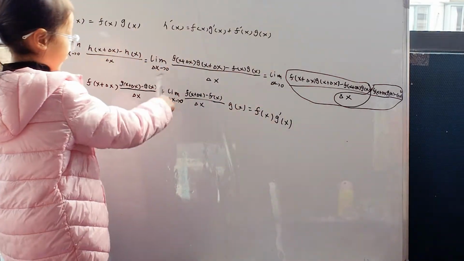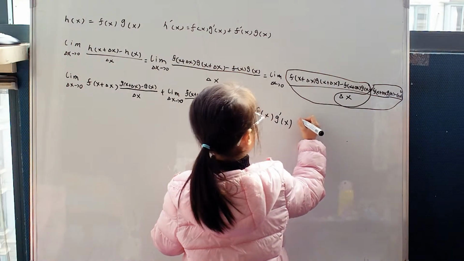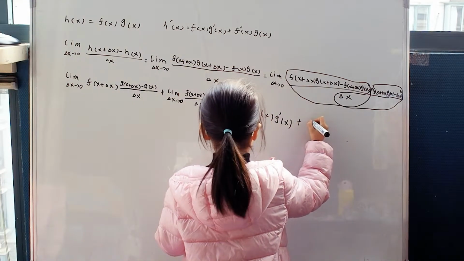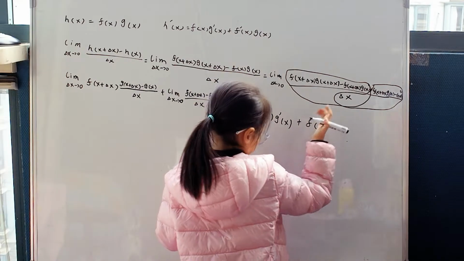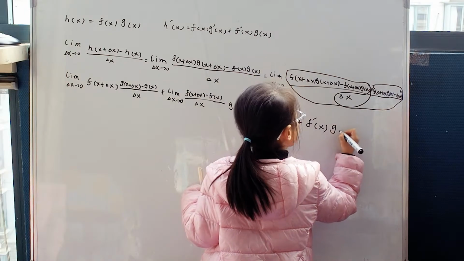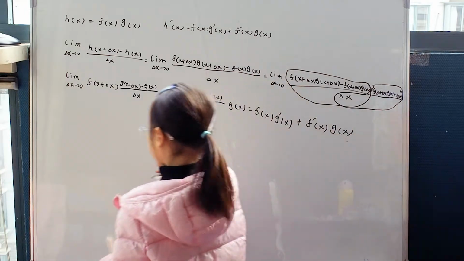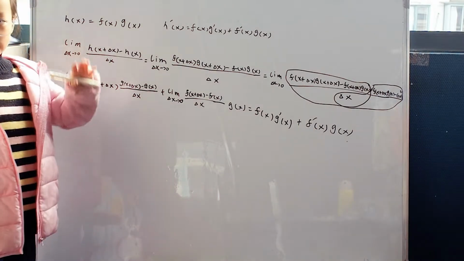It's the same sign, so it should be plus the derivative of f(x) times g(x). So we have proved the product rule.